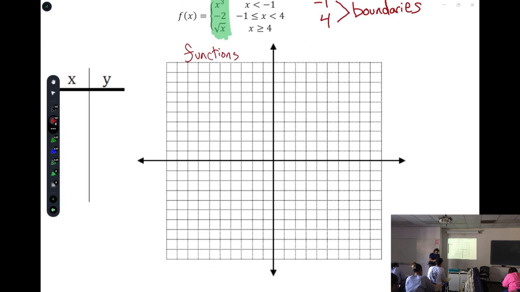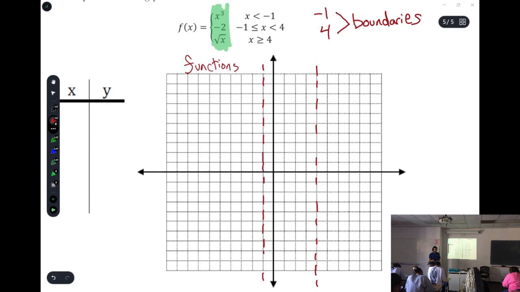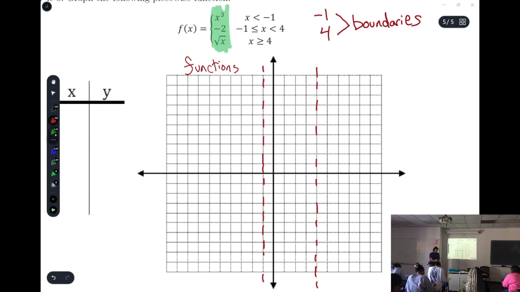So I'm just going to draw a dashed line all the way down, and the dashed line all the way down at 4. And then I am going to ask you to pick which of those 3 functions looks the easiest to graph. A cube, a number, or a square root?